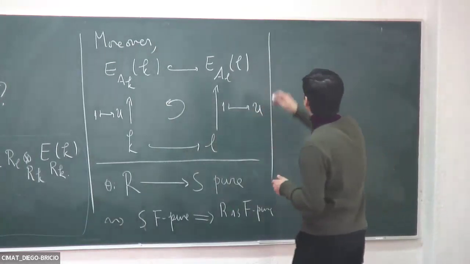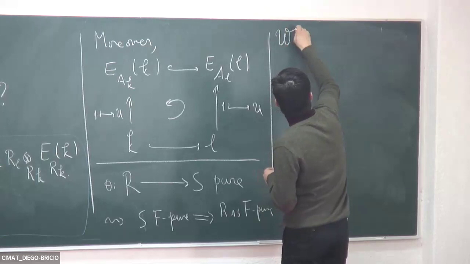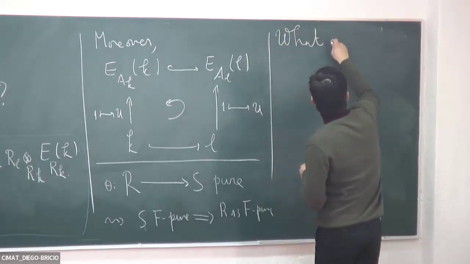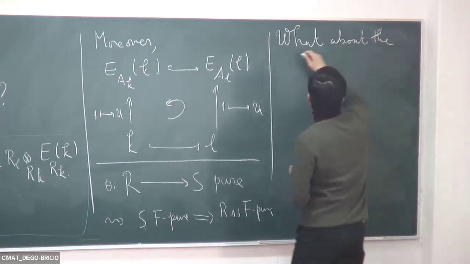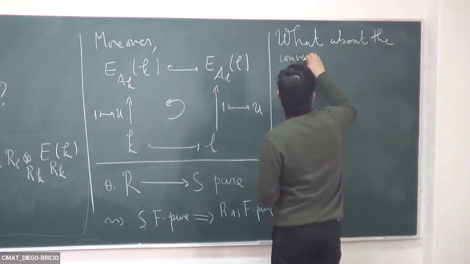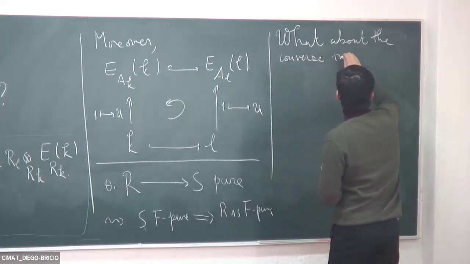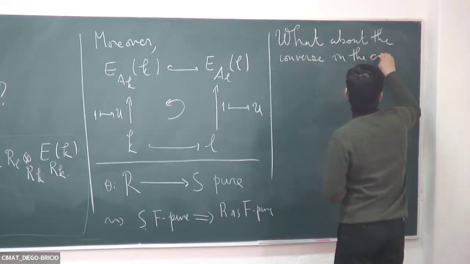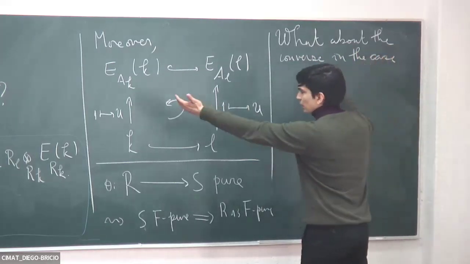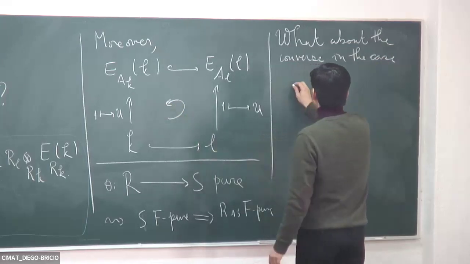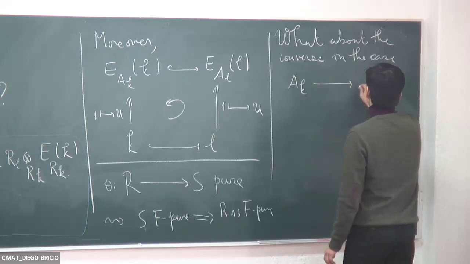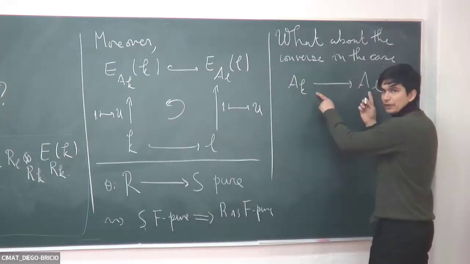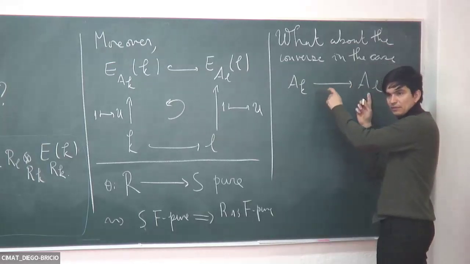So what about the converse in the case that we were considering over here? Why did we have AK mapping to AL? We saw already, I just mentioned that this is a faithfully flat map, it is pure.